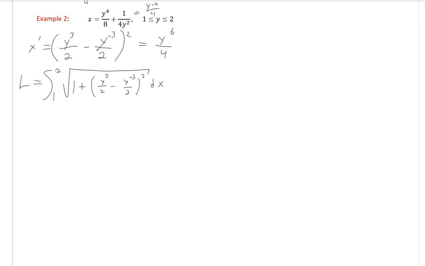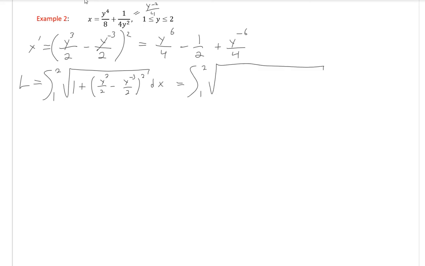Y cubed over 2 times y to the negative cubed over 2. The y's will cancel, so I'll just get 1/2 times negative 1/2, which is 1/4, twice. So that's minus 1/2 overall. And then negative y cubed over 2 squared will give me plus y to the negative 6 over 4. So that's what I'm going to get as my length formula here.